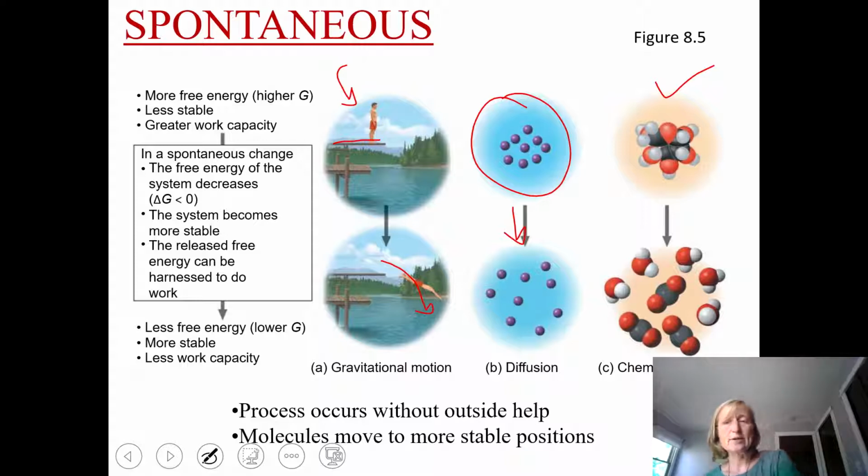And a big complex chemical that is being broken into smaller pieces is moving to a more stable location. The individual pieces are more stable than the big complex structure was to begin with. And when that happens, we say this is a spontaneous reaction, a reaction that is going to run without extra help, if you will.